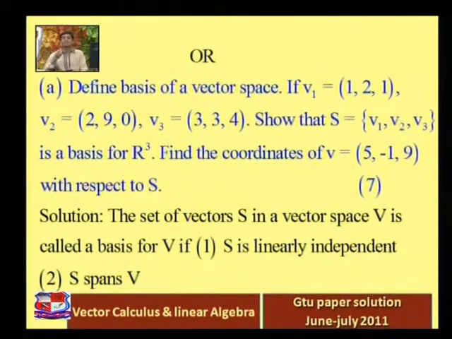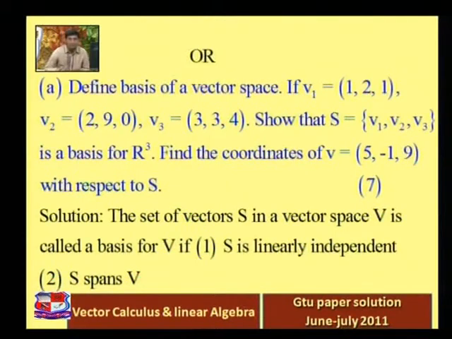You can see in this example exactly the same situation happens here. What is the dimension of R3? We know the dimension of R3 is equal to 3. In general, dimension of Rn is equal to n. And this S contains exactly 3 vectors of R3, v1, v2, v3. All the vectors are from R3, and S contains exactly 3 vectors.